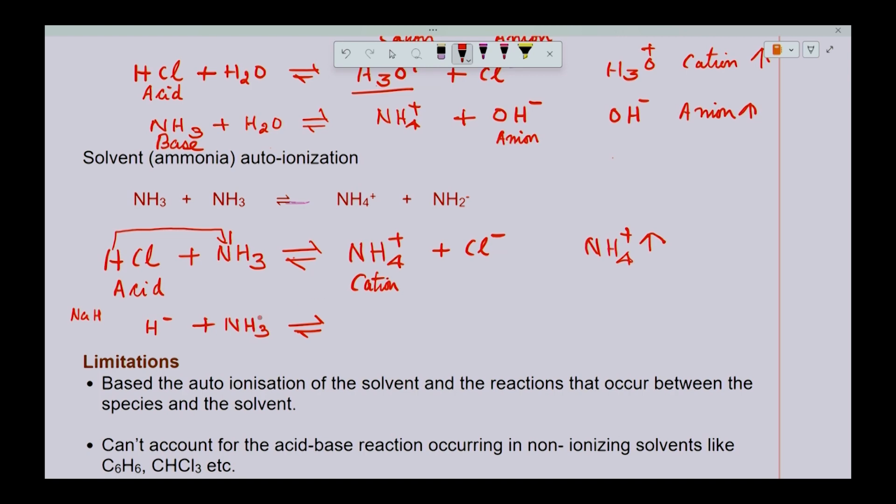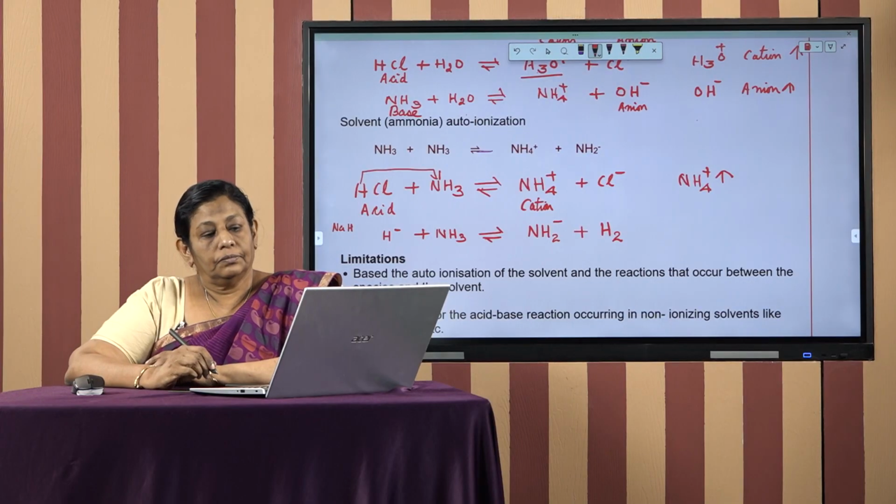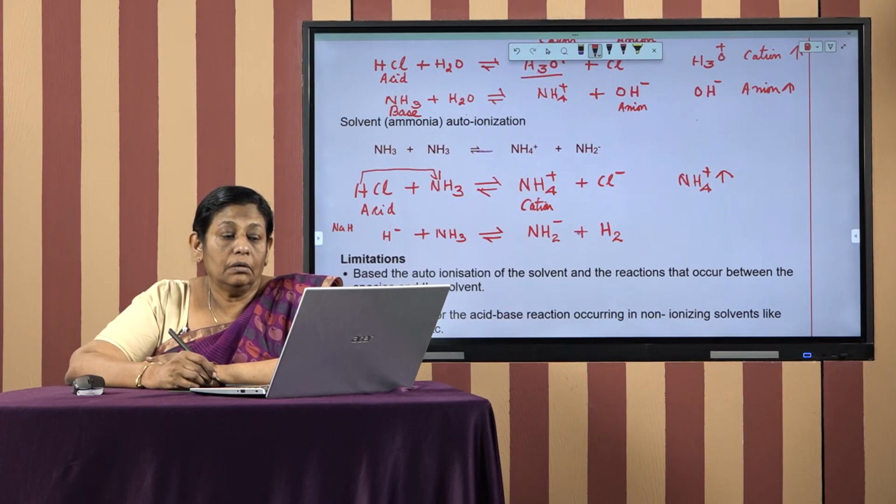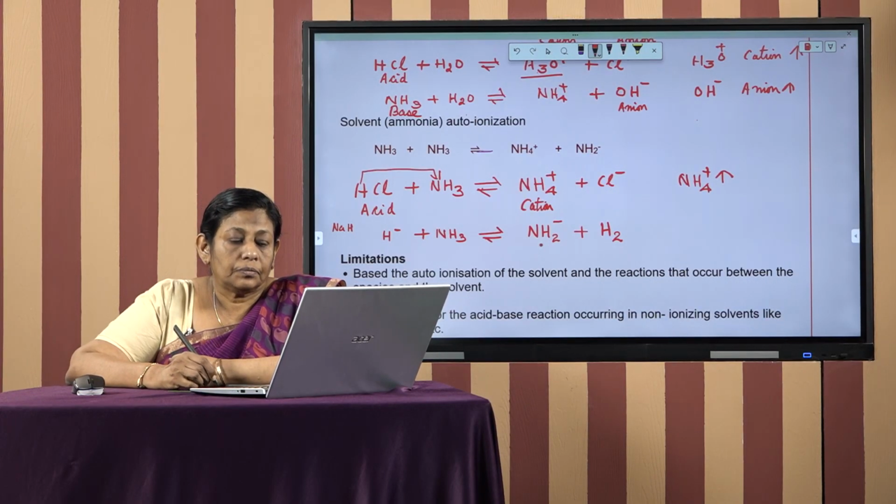What happens is it becomes NH2 minus, that is, it abstracts one of the protons and becomes hydrogen gas. Got it? Here you have an anion, and this is neutral.